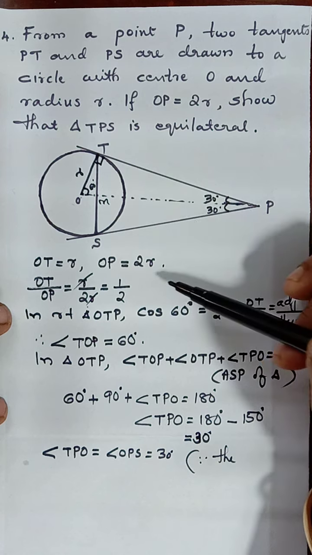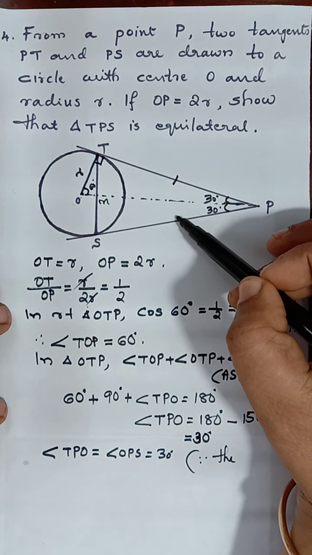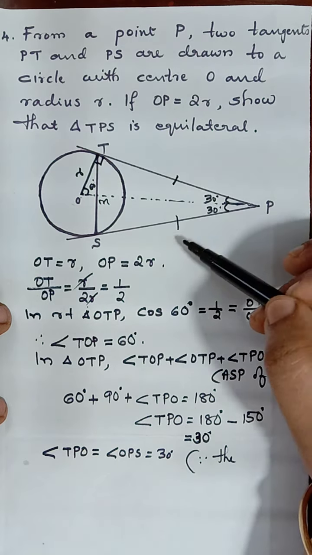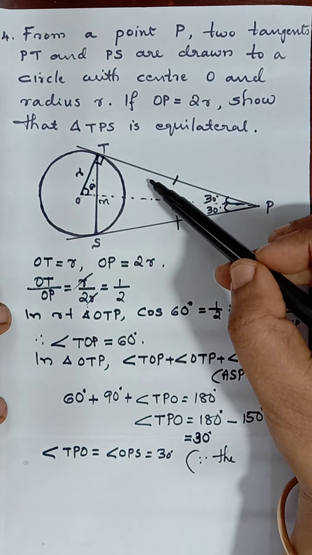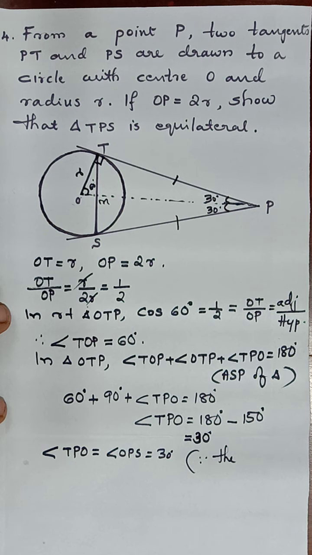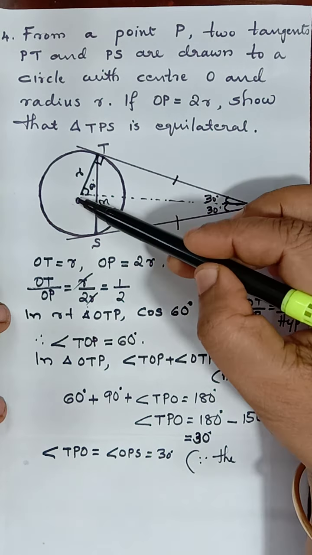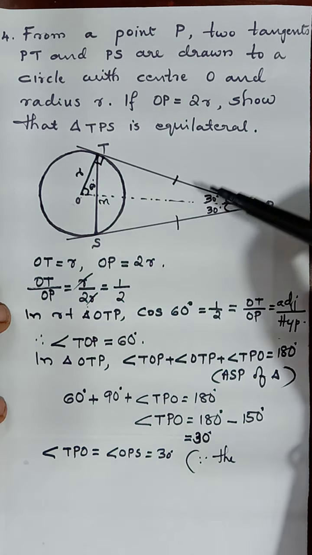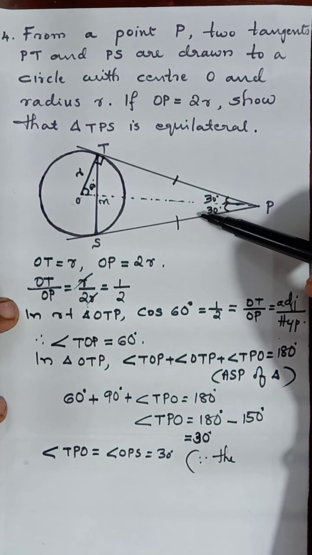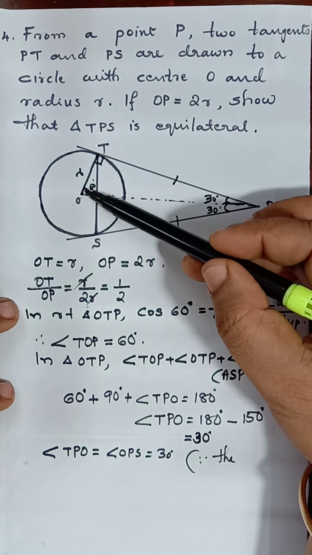There you are seeing TP is equal to PS. If these two are equal, then these two are congruent triangles, and these angles will be equal.